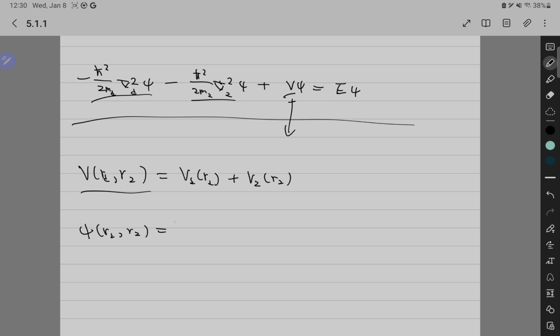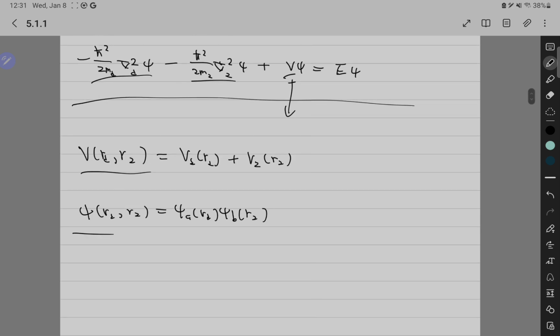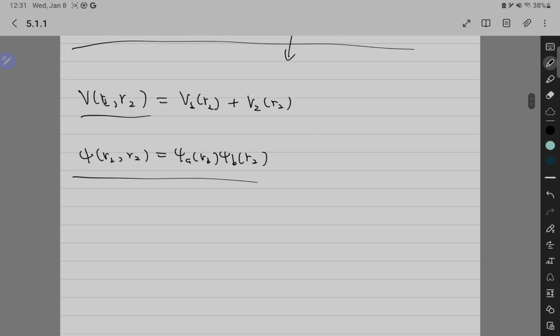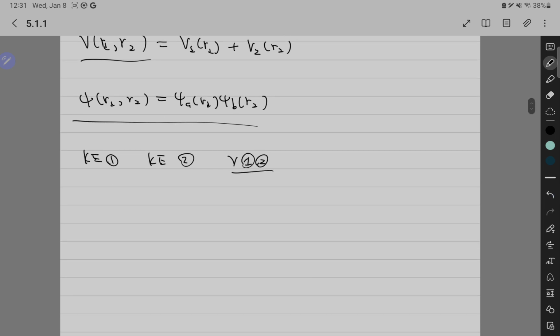So you can see the textbook writes this form. You might wonder, okay, where is this coming from? Well, if you recall our original case, we have kinetic energy of particle 1, kinetic energy of particle 2, and a potential that has both particle 1 and particle 2 involved in it, right?